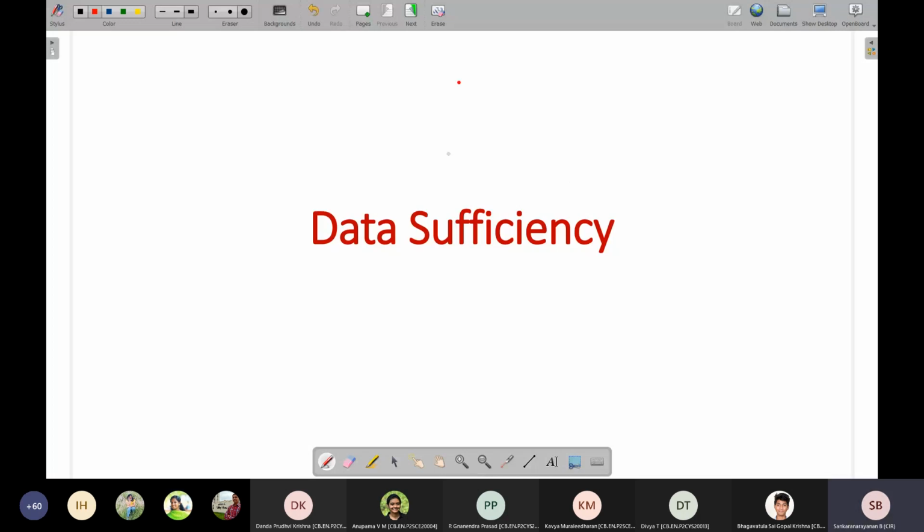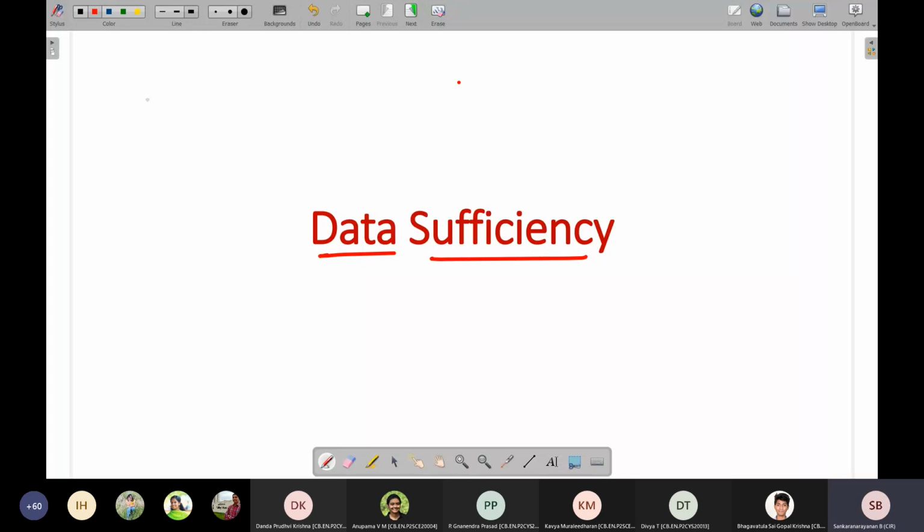So the topic under consideration is data sufficiency. What is this topic all about? In this particular set of questions that comes under the data sufficiency category, first I am going to talk to you about how the question looks.